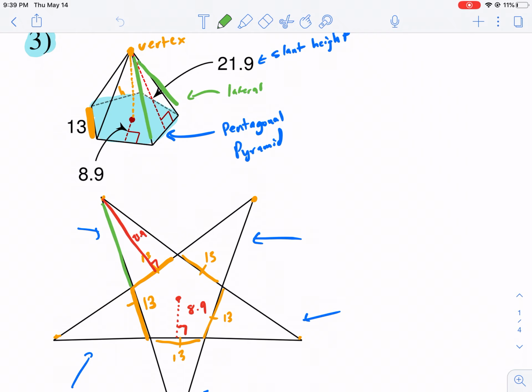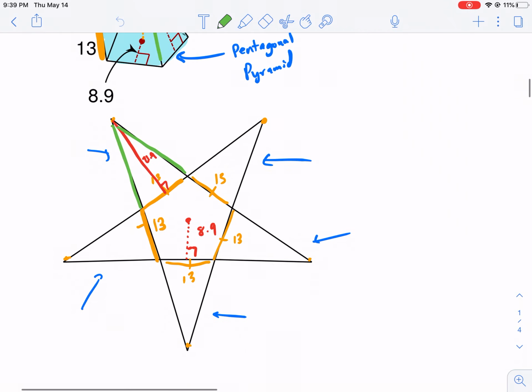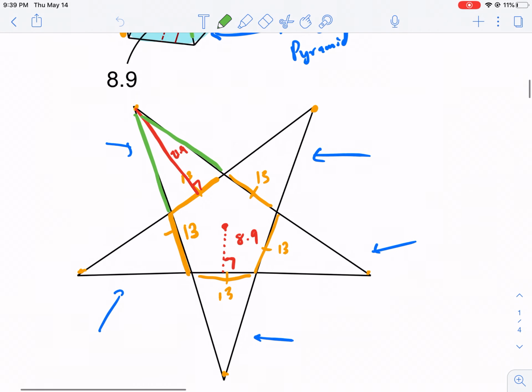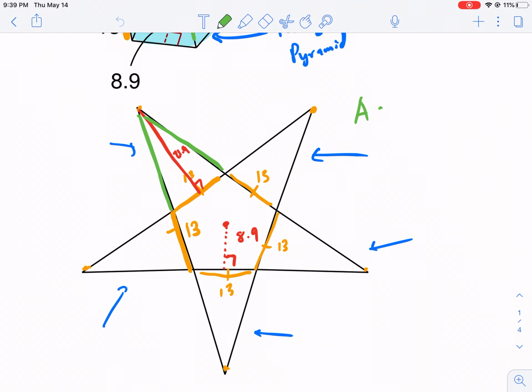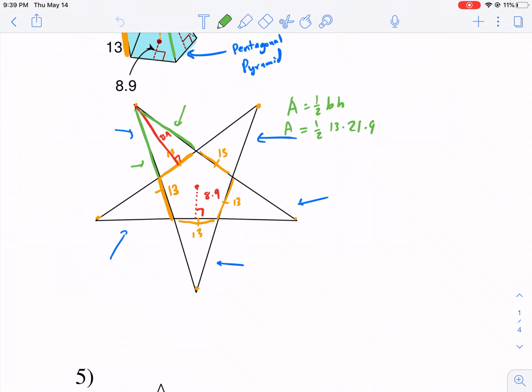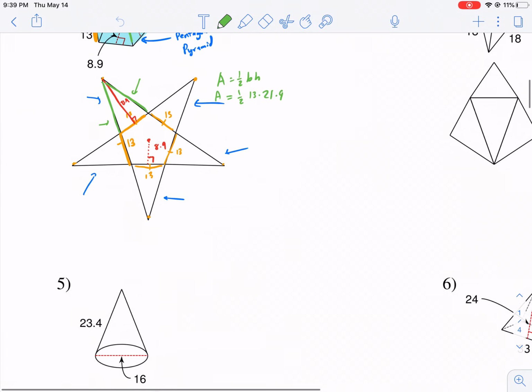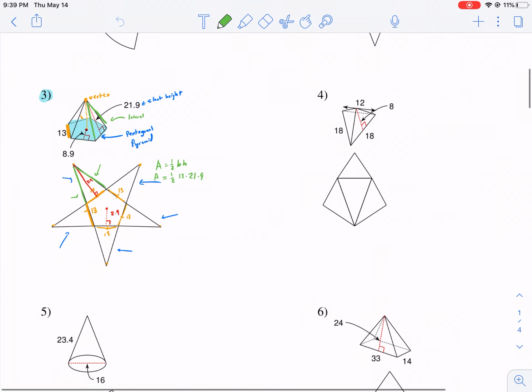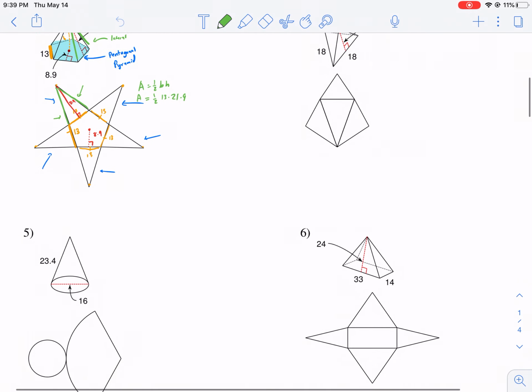But you really don't need to know that for surface area, because really all you need to find the area of this triangle is 1/2 the base times the height, and that's given. We have the base, it's 13, and we have the height, it's 21.9. That's not what this problem's asking, but I'm just saying that's why you don't need to know these green lines, the lateral edges, because you only need to know enough information to find the surface area. Okay, so that's just kind of a breakdown of how a pyramid works.